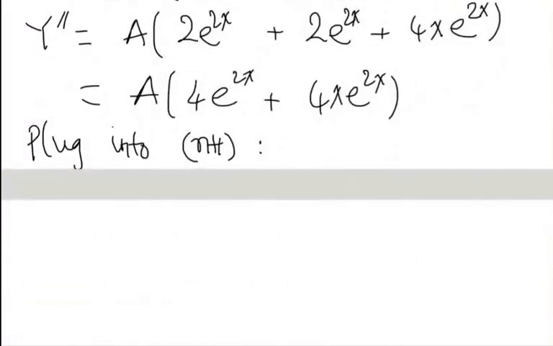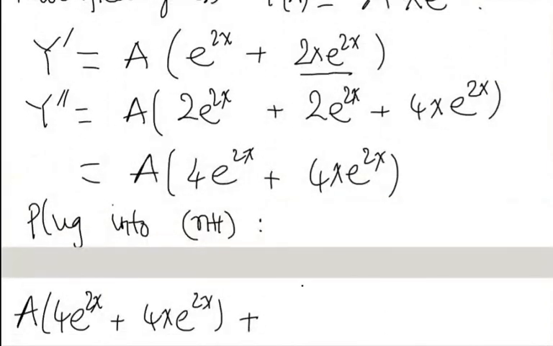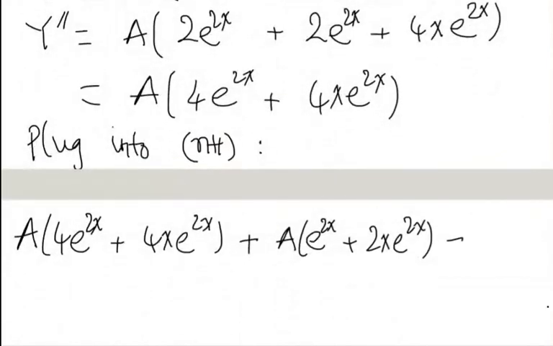We need to begin with the second derivative, which is a times 4e to the 2x plus 4x e to the 2x, plus the first derivative, which is right here: a times e to the 2x plus 2x e to the 2x, and minus 6 times the function, so 6a x e to the 2x. And on the right hand side, we have 2e to the 2x.